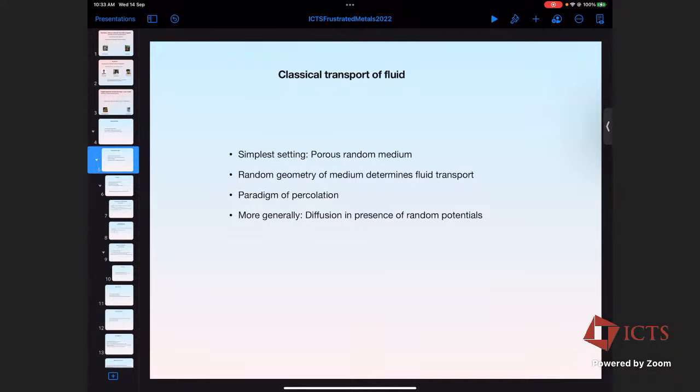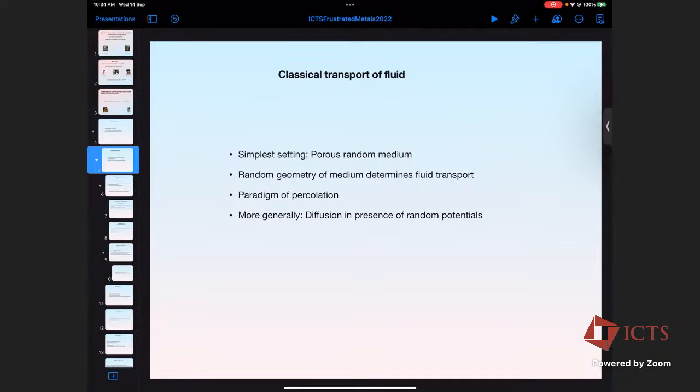If you have a classical fluid like oil coming out of some deep oil well, and it's coming up through some porous medium, it's really the random geometry of the medium that is determining whether or not you can get the oil up. And people have thought about it, of course, in many different ways for hundreds of years.